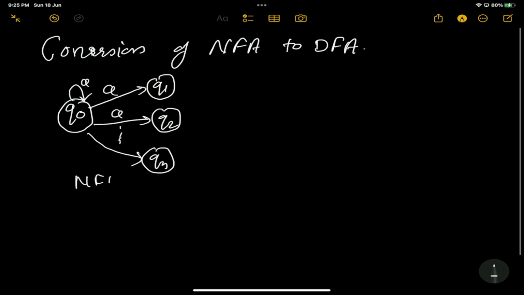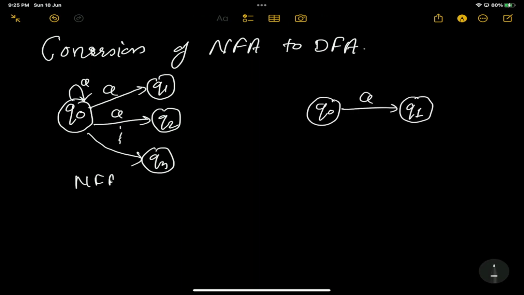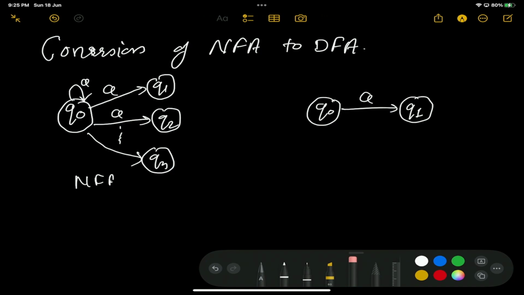That is NFA. And DFA means a deterministic finite automata has only one transition from one state to another. Means when it reads one input, it goes to the next state with only one transition. This is the difference between NFA and DFA.